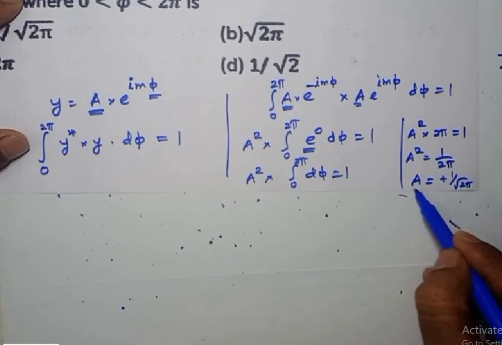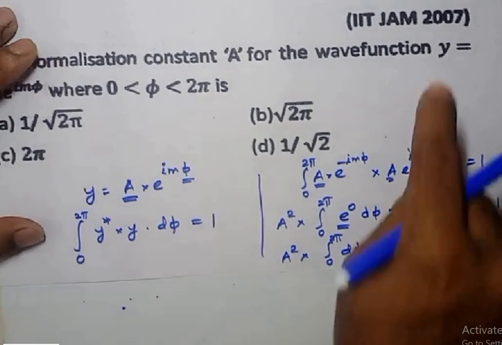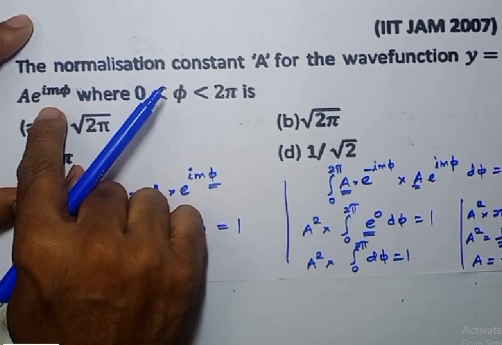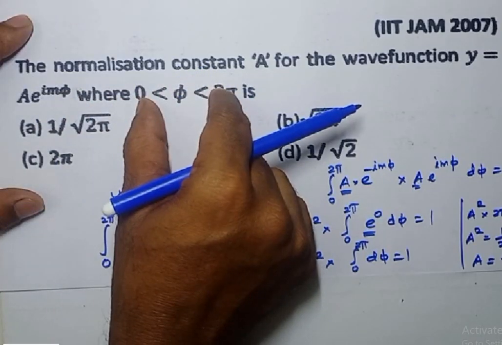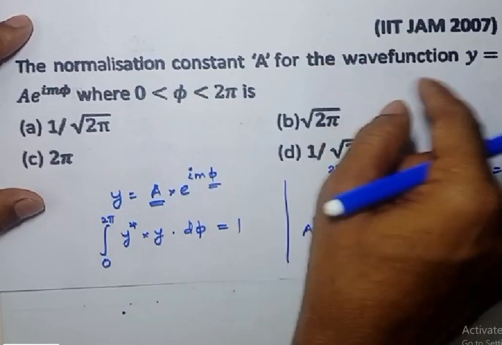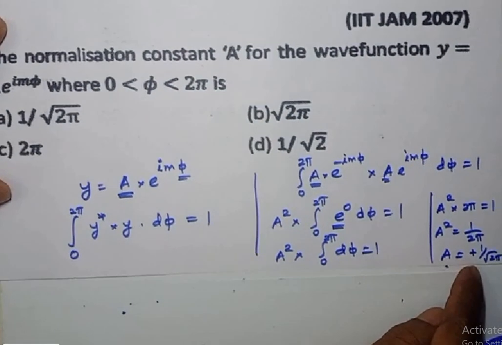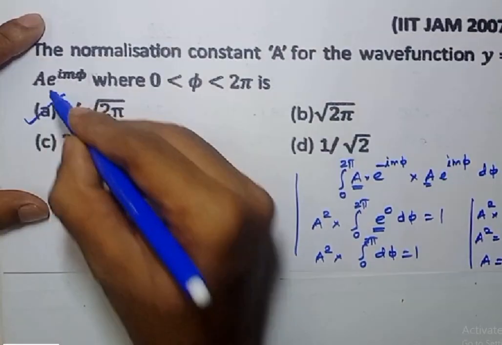Yes, this is the normalization constant for the function psi equal to A e power i m phi. For this function to be normalized in this interval, A should have the value 1 by square root of 2 pi. So the correct option is option A.